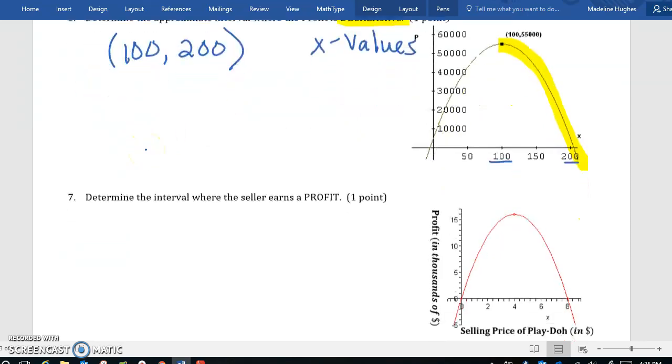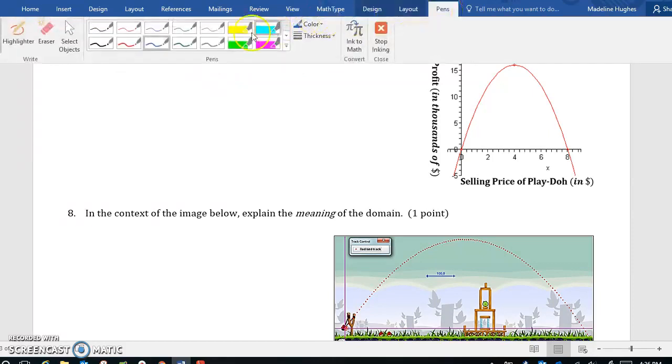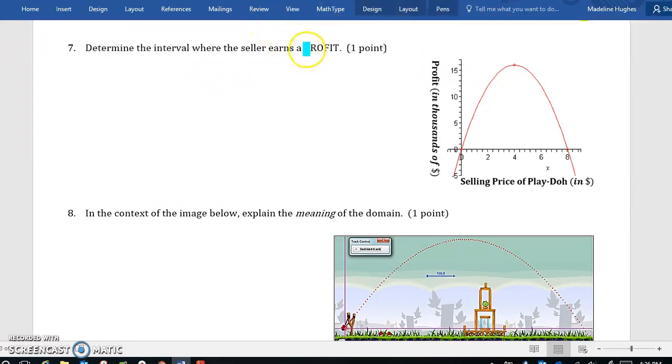Okay, number 7. Determine the interval where the seller earns a profit. A profit means that they are making money, so positive values. You guys should know what a profit means here. If we look at the selling price of Play-Doh, I don't want anything down here, that means I'm losing money.